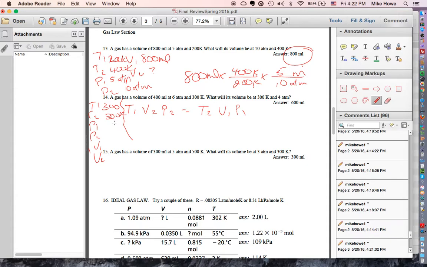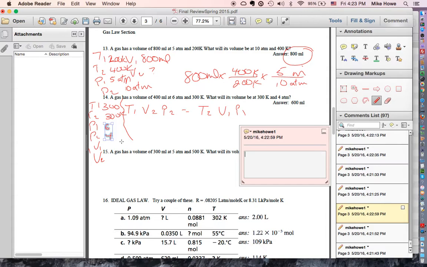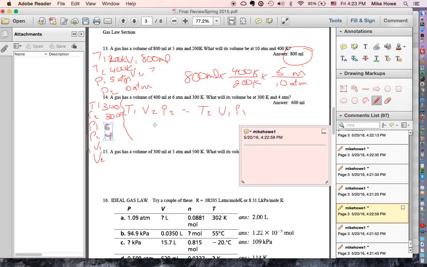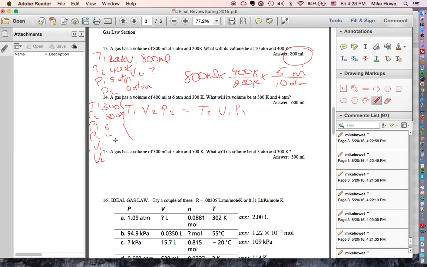Okay, P1 was 6 atmospheres. P2 was 4 atmospheres. V1 is 400 milliliters.